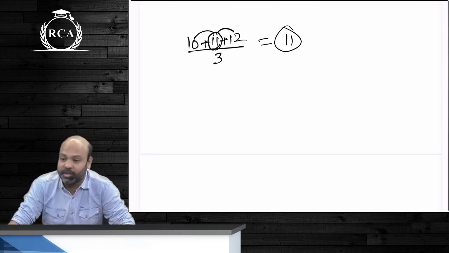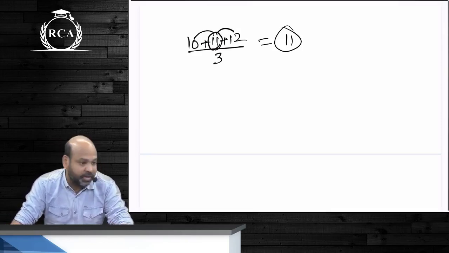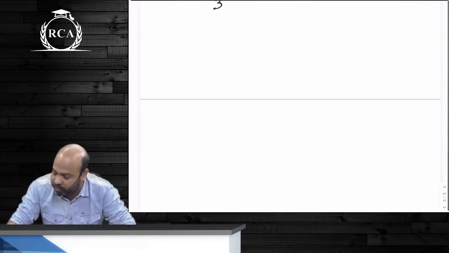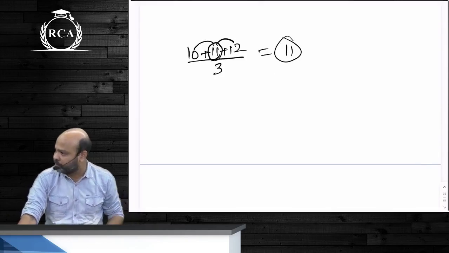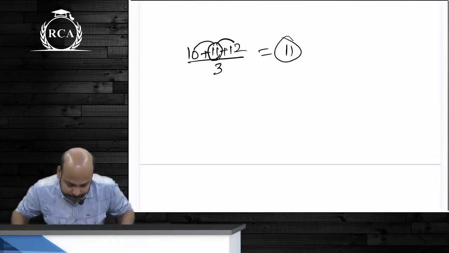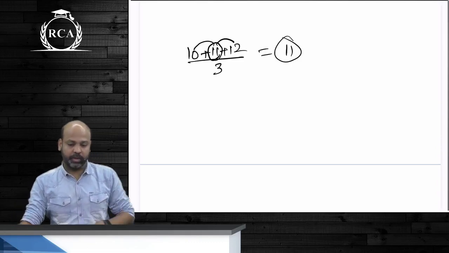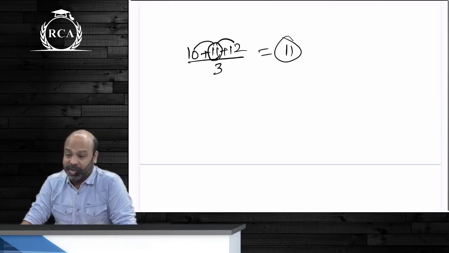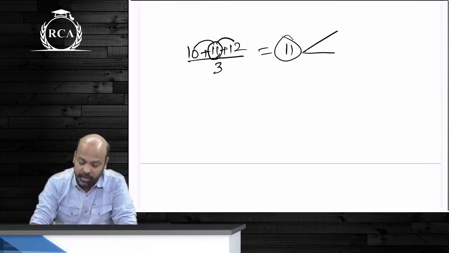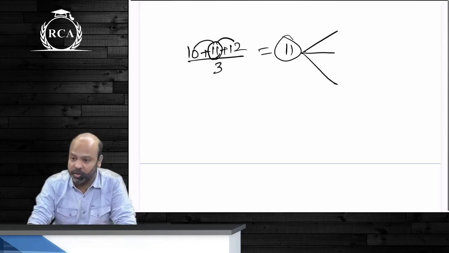So guys, pay attention. So under simple average, you're not going to issue at 11.3333, you're going to issue at 11 rupees. Correct beta Devansh? क्या प्राइस पे इशू करेगा? 11 rupees, guys. So if you're issuing at 11 rupees, it is mathematically incorrect, because let's say, guys, that you end up consuming all the 600 units.